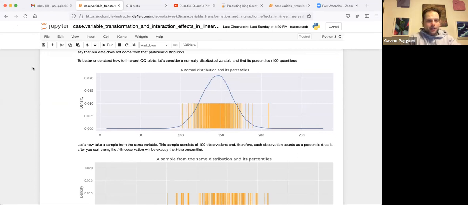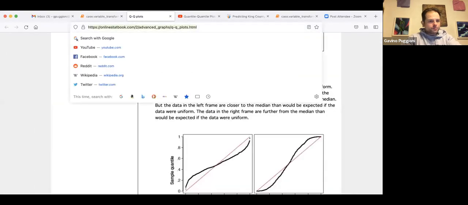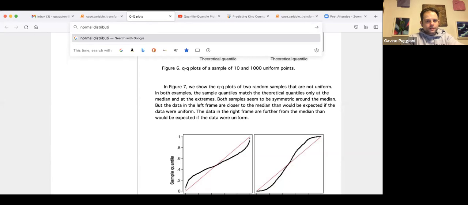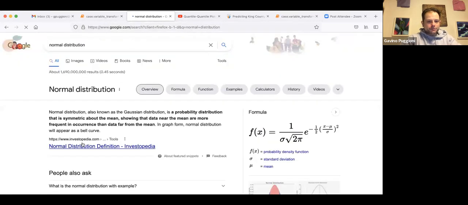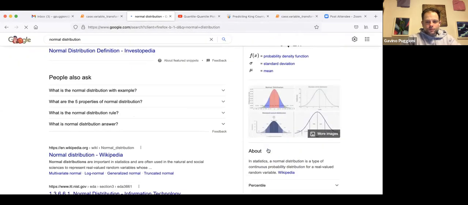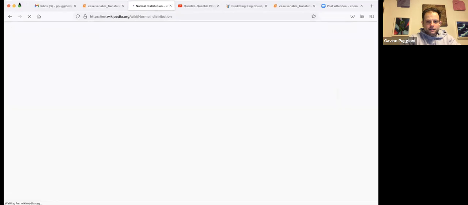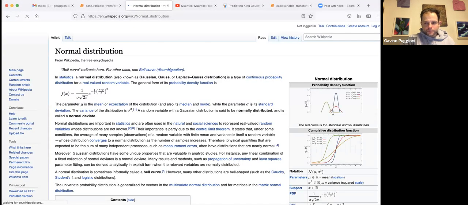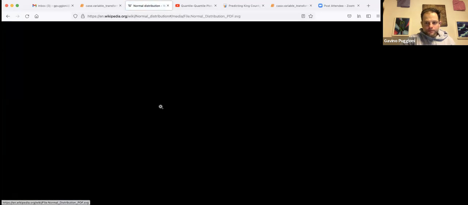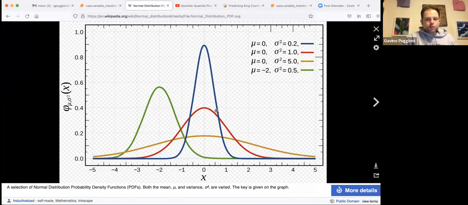So actually, let me show you something from a normal distribution. Wikipedia is a good start. All right, in red, you have the standard normal.